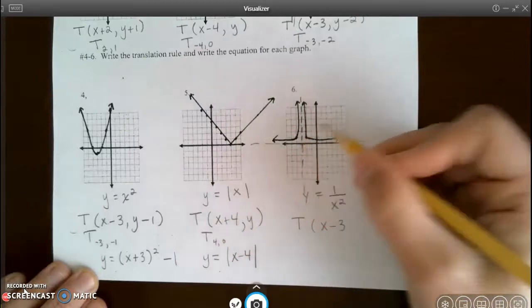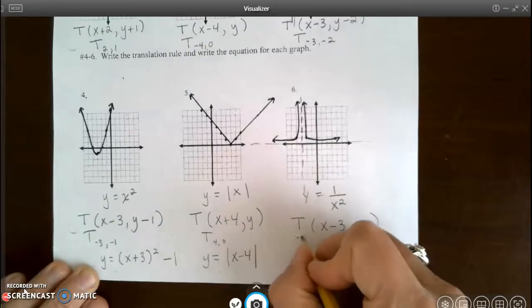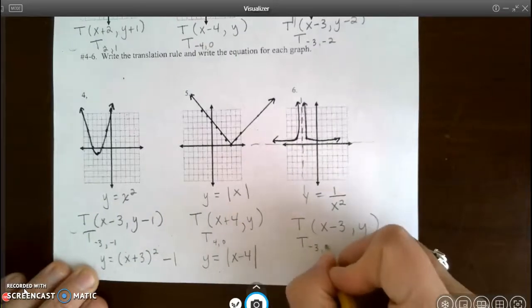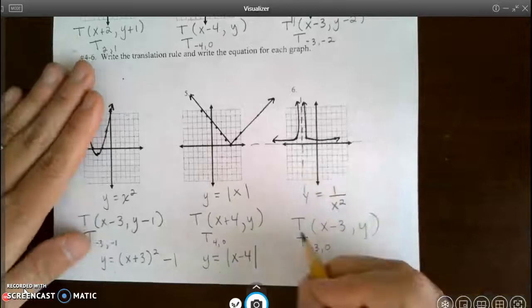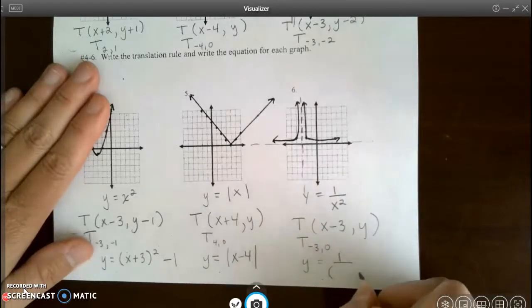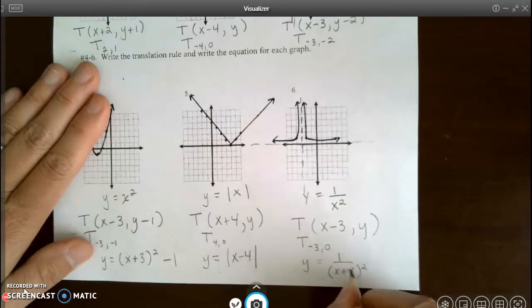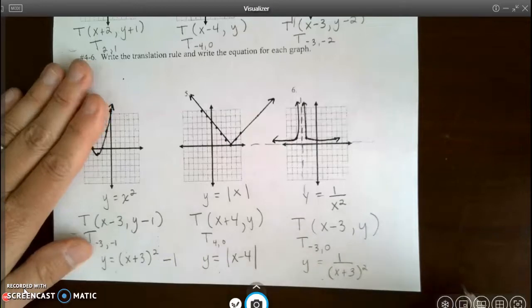Doesn't look like my asymptote has moved up at all, so that's just y. You can also write it in subscript notation, -3, 0. Then I go to write my equation, y equals 1 divided by, in parentheses, x plus 3, and then nothing for the y.